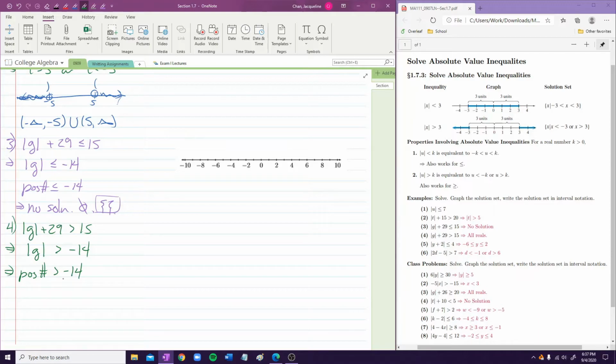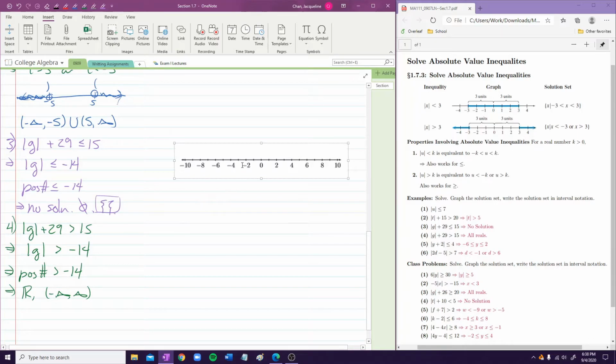You even pick 0, you pick 1. 1 is definitely greater than -14. 0.0001 is greater than -14. A positive number will always be greater than a negative. What does this mean? This means that our solution is all real numbers. The interval, or they even call it the solution set, this is interval notation, is negative infinity to infinity.